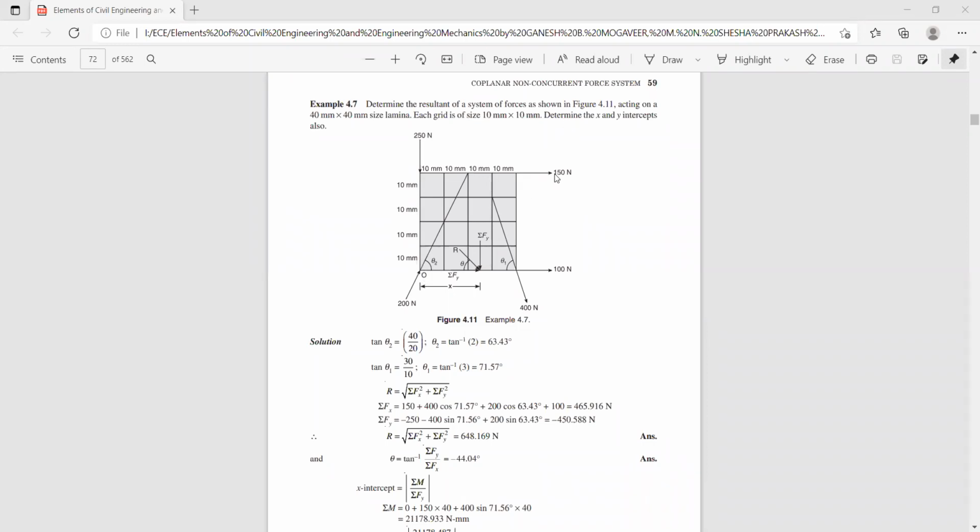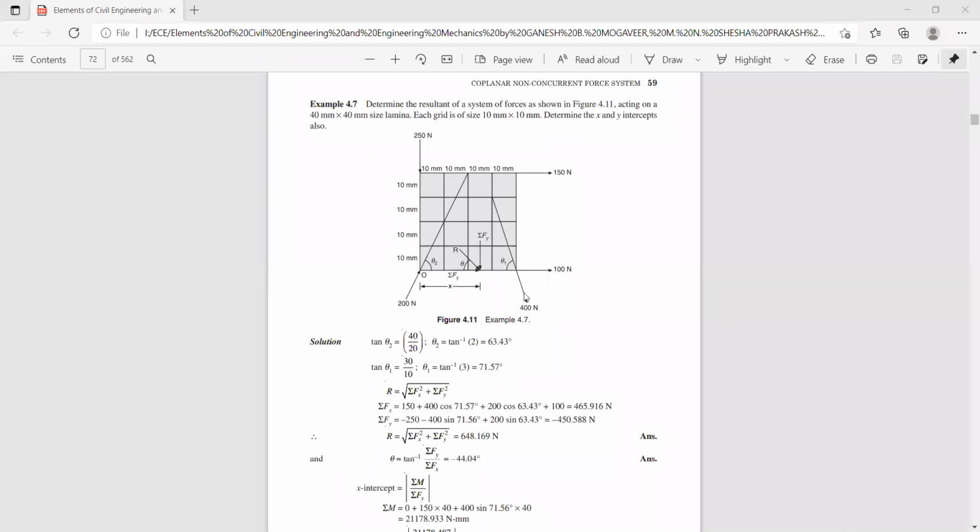Now, if you consider moment of all the forces with respect to this point, 150 is acting like this, correct? And the perpendicular distance is 40 millimeters. So it creates a clockwise moment with respect to this point. So 150 into 40 millimeters. Next, this force is acting along the x-axis, hence the perpendicular distance is 0.